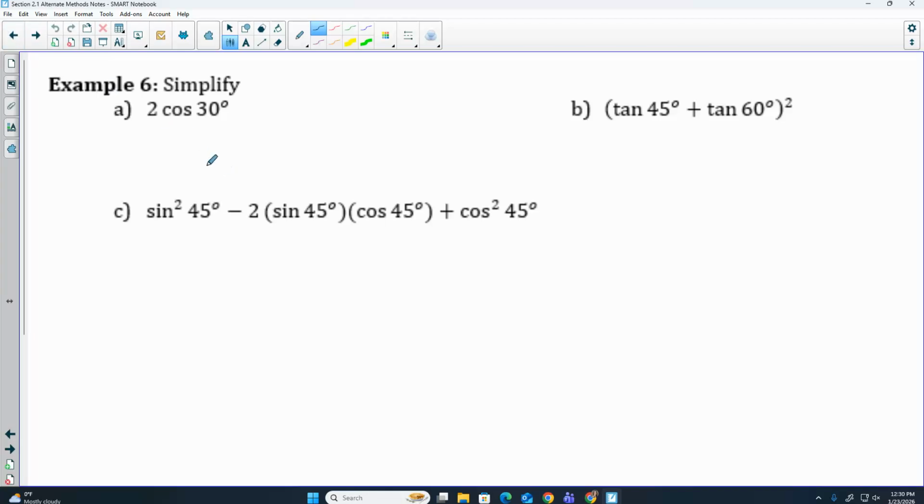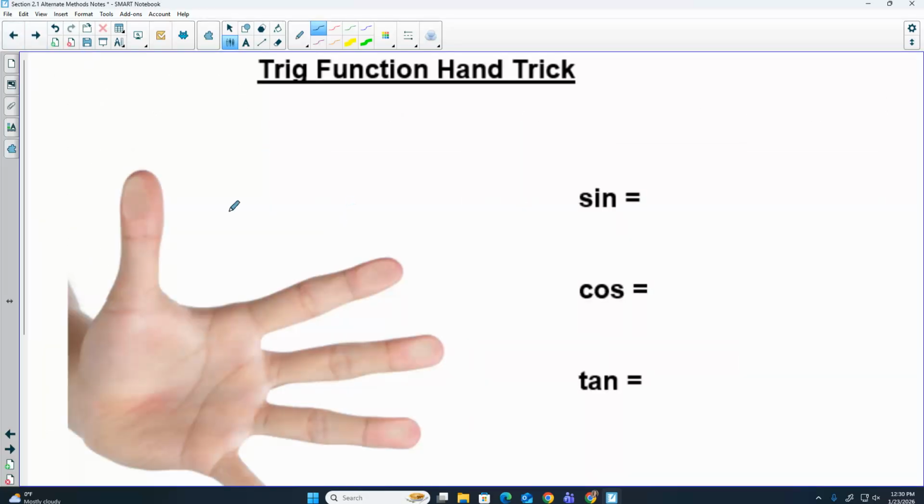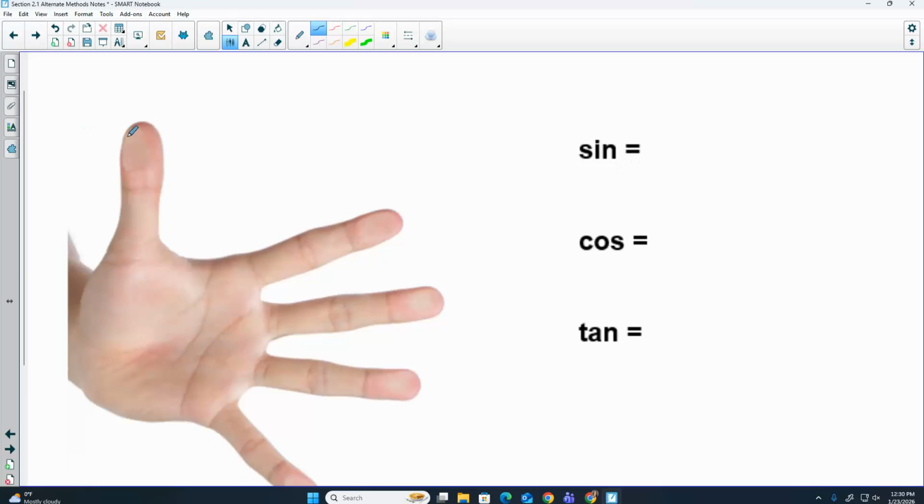So if I wanted 2 times the cosine of 30 degrees, remember our hand trick from yesterday. Our fingers were those angles: 0, 30, 45, 60, and 90. If I want 30 degrees, I fold in my 30-degree finger.